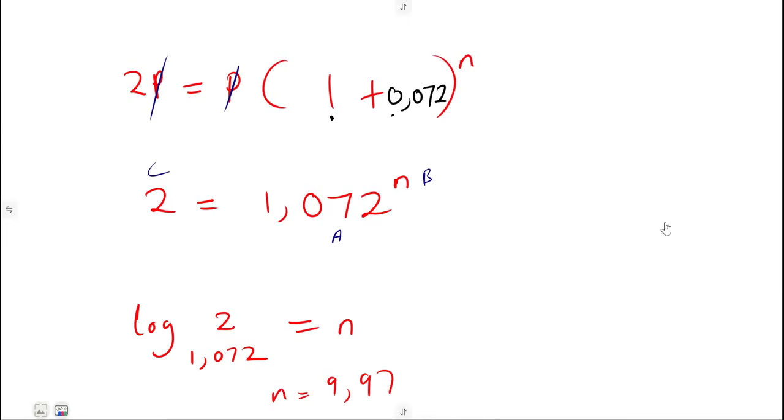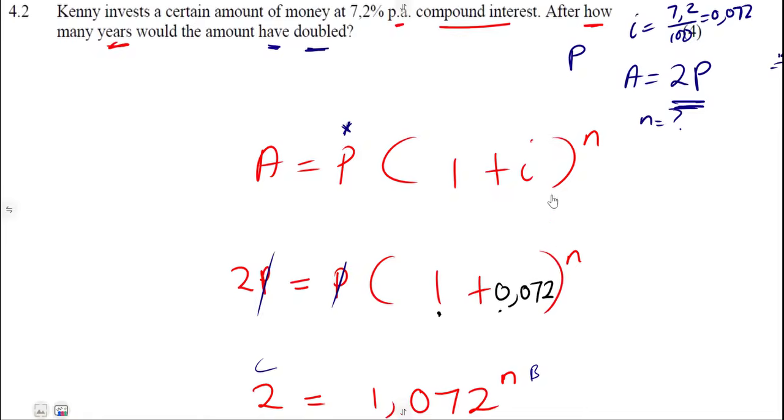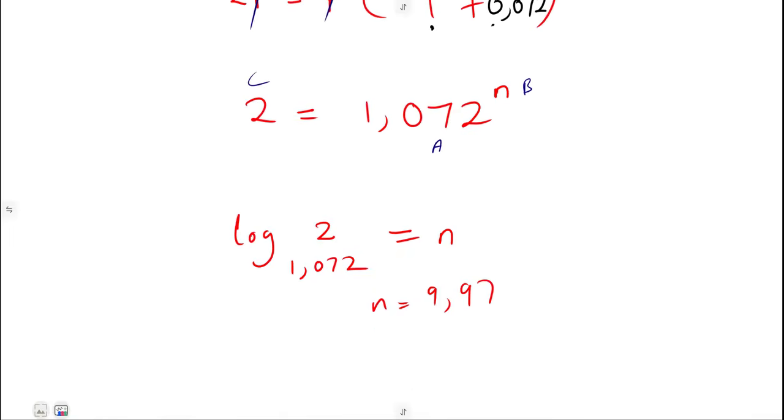But we are talking about n being the number of years. How many years? So n approximates, this one, it is going to be an approximation to the nearest whole number. It's going to be 10. So meaning to say it's going to approximate to 10 years to double the amount that that person started with.